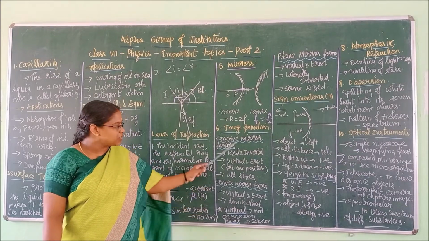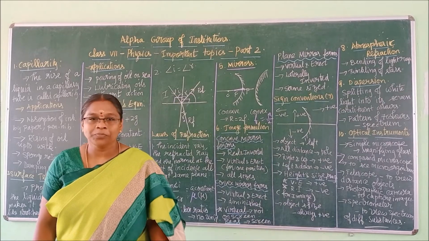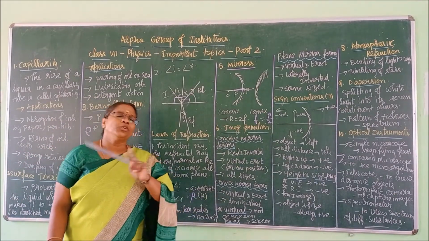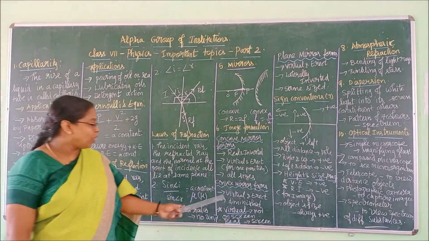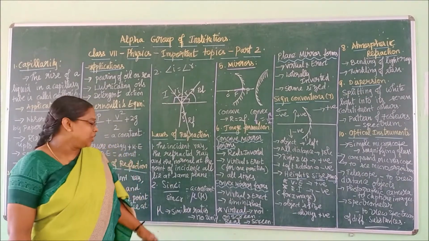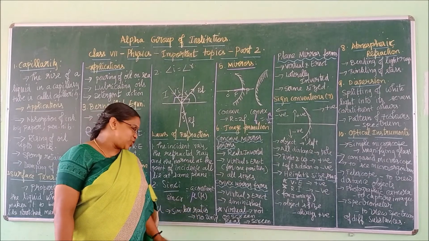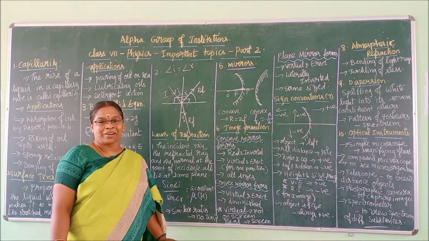These are the nature of images formed by a concave mirror. Now we are moving to the convex mirror. For the convex mirror, only two types of images are formed. You can refer to the tabular column. It will form only a virtual and erect image, and only a diminished image. So there are only two types. Very easy for us to remember.